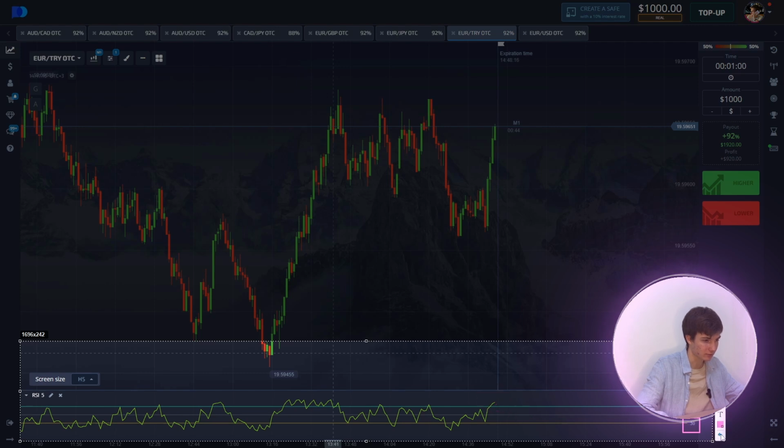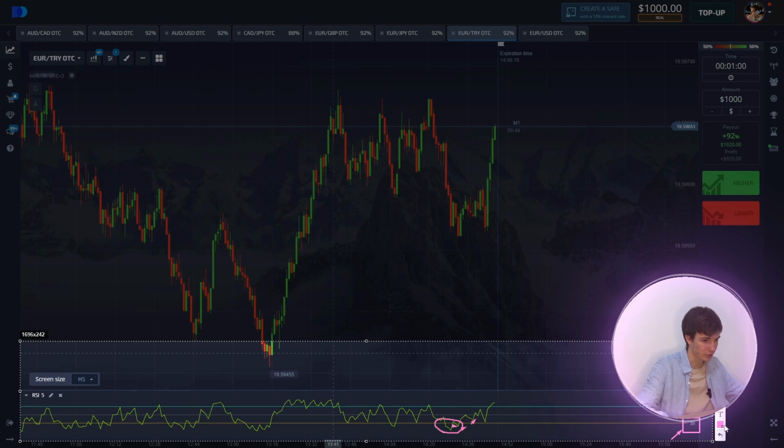That happens most of the time. And here the lower number, the level 30, this is the oversold zone, and when the RSI turns out in this zone, it tends to go to the upside. This is the main principle of its work.